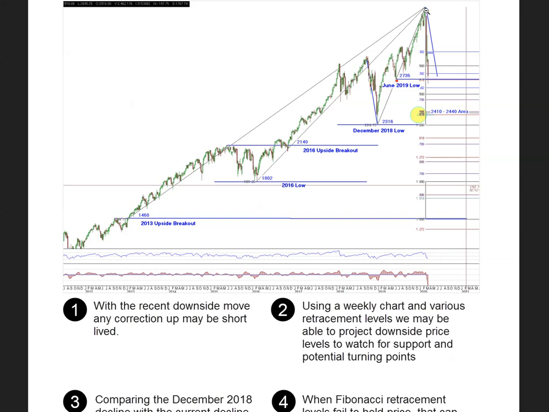Now, this is not anything that I can project. All I do is follow the price action as it unfolds, look at some momentum indicators, and do the work from there. So all I'm doing here is looking at where some areas may come in as support.